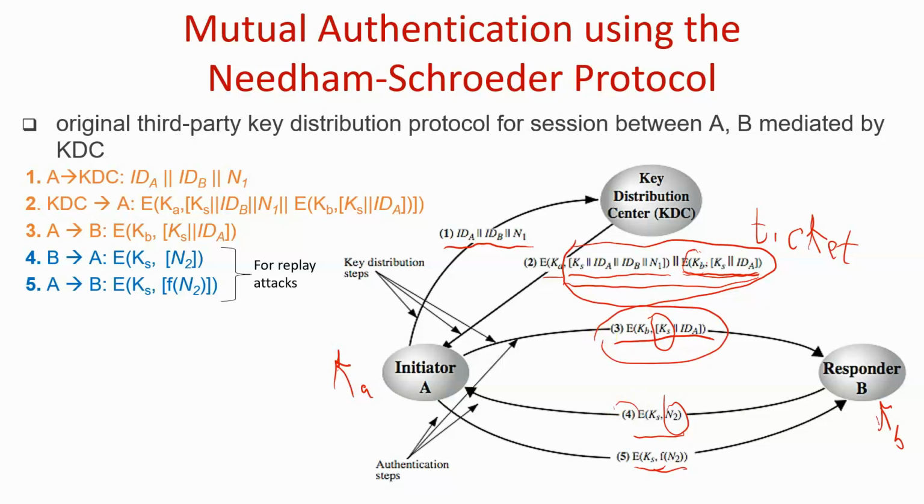B actually relies on A for authentication. Okay? And so if it's an expired session key and the attacker has hold of this expired session key in addition to message 3, then they will be able to execute this replay attack.